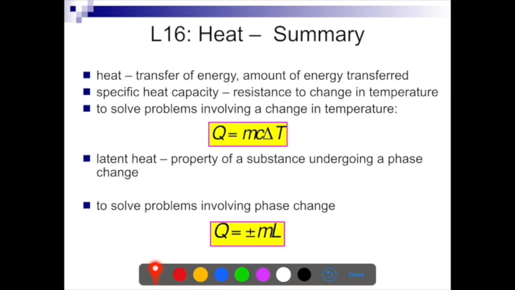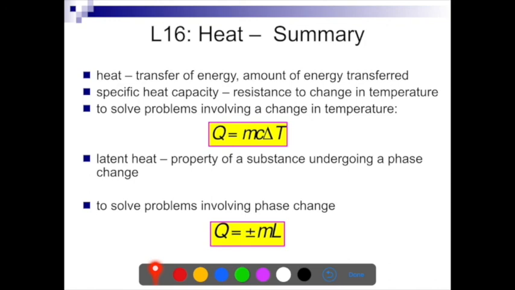Okay, so that wraps up lecture 16, where we learned about heat, specific heat capacity, and latent heat, and we looked at some problems on how to use specific heat capacity and latent heat.